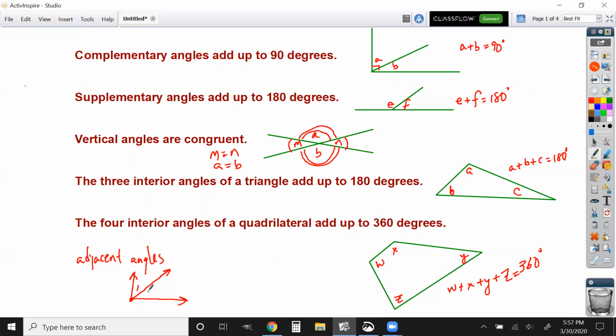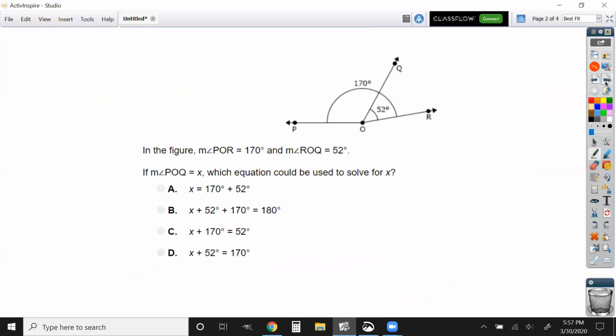So angle 1 and angle 2 are adjacent angles. And the pair of them might add up to the big angle, right? So those are called adjacent angles. Or as I heard somebody in England say it, which sounded really strange to me.